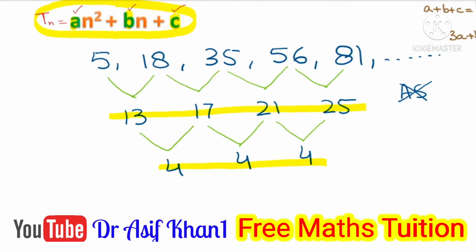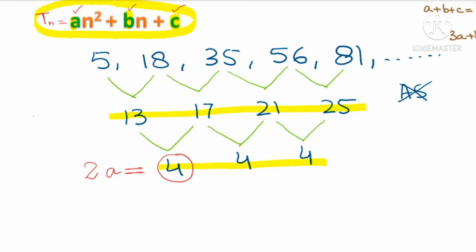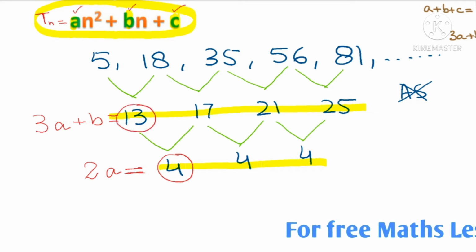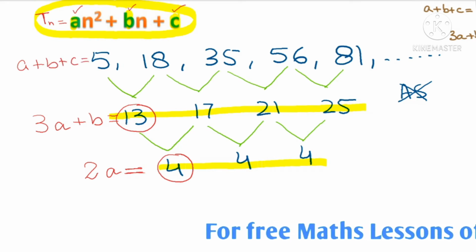You start from the bottom. Here you write 2a is equal to 4, which was your second difference. Then 3a plus b is equal to 13, which was the first number here. And here a plus b plus c is equal to 5.